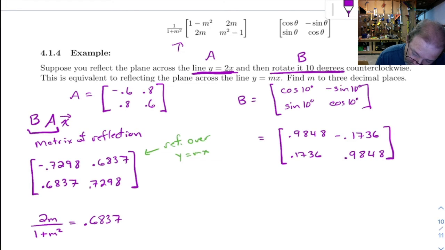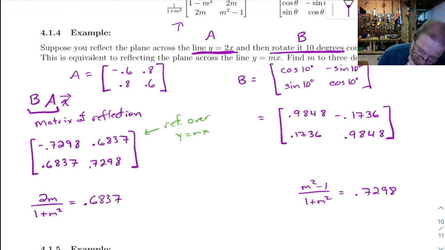And then m squared minus 1 over 1 plus m squared is going to be equal to 0.7298. Now let's make sure I've got the correct sign there. I'm using this, which is positive, and that's this entry, which is m squared minus 1. Okay, so what we've got to do is solve these two equations.